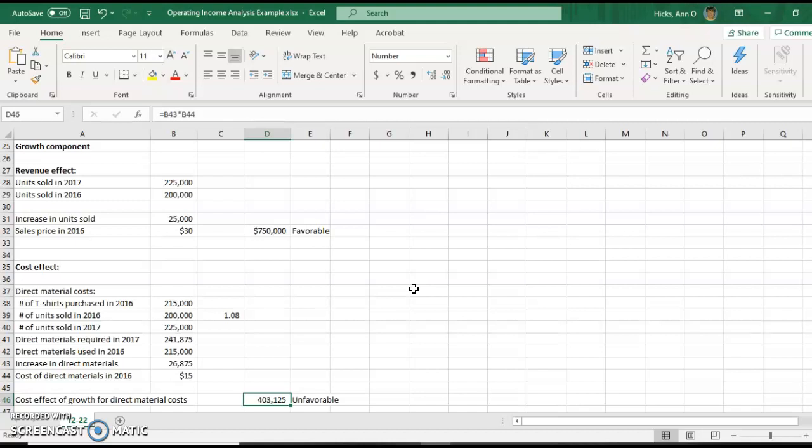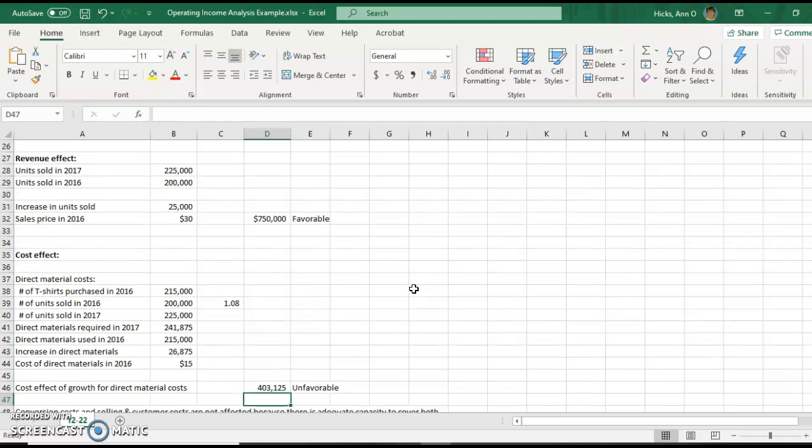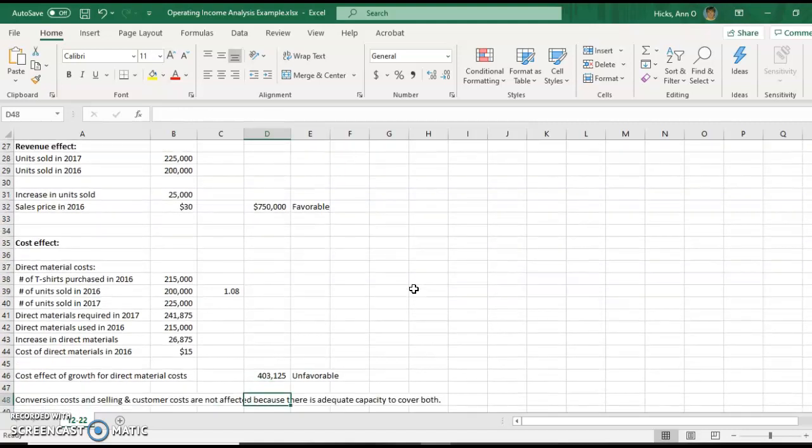In other words, we would have needed to purchase more t-shirts to the tune of $403,125. So we have a favorable revenue effect and an unfavorable cost effect. Keep in mind, we sold more units in 2017. It stands to reason we would have an unfavorable cost effect of growth.